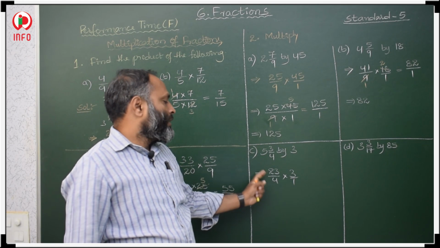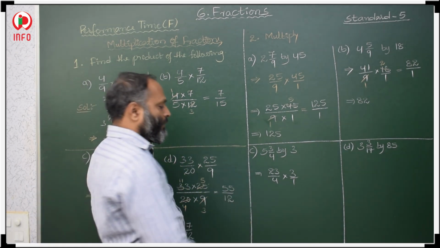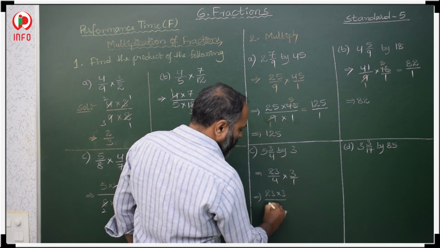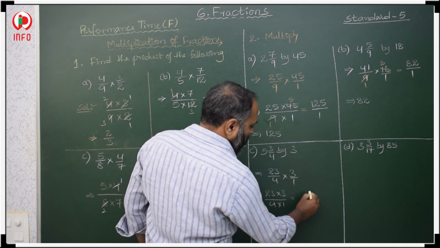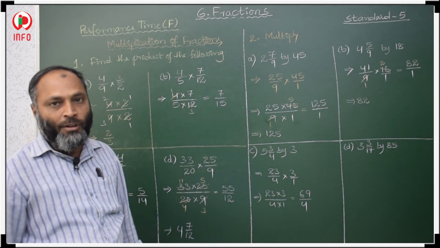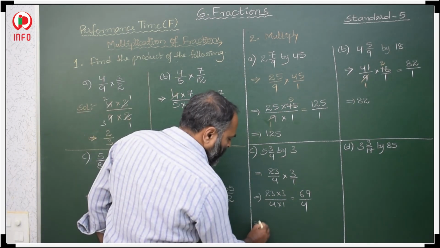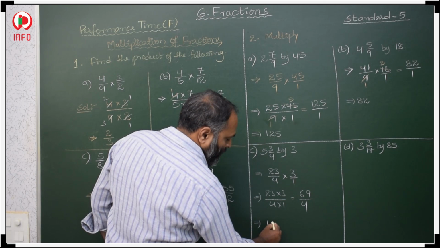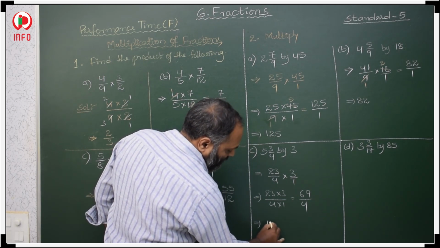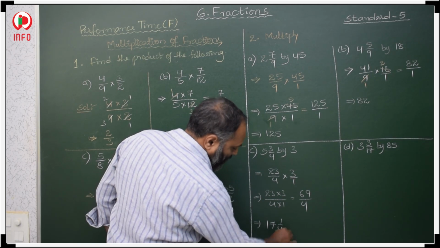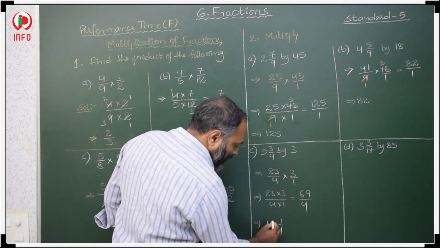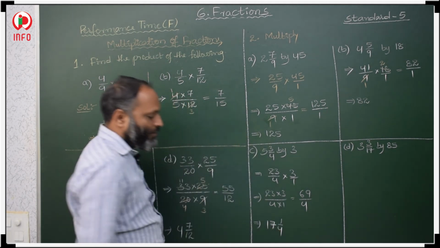There is no common factor anywhere, so just you multiply numerator with numerator. 23 into 3 by 4 into 1. 23 3s are 69, 69 by 4. 69 by 4 in mixed fraction: 4 17s are 68, 1 is left. 17 1 by 4 is our mixed fraction, okay.